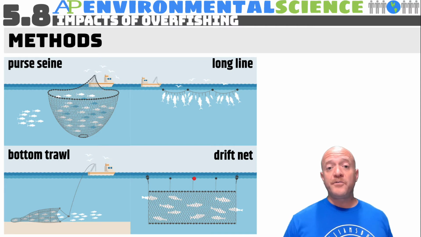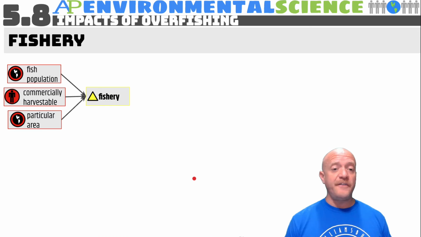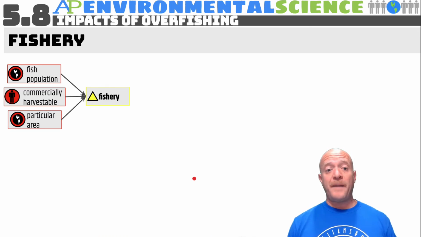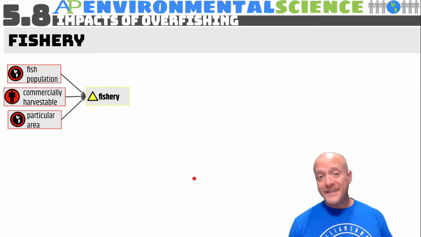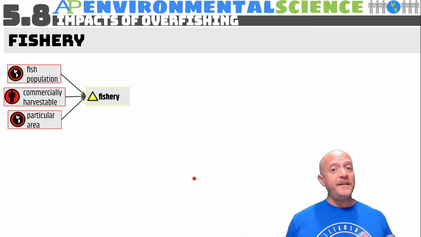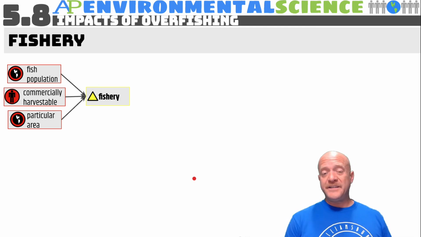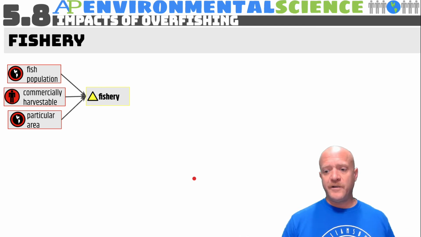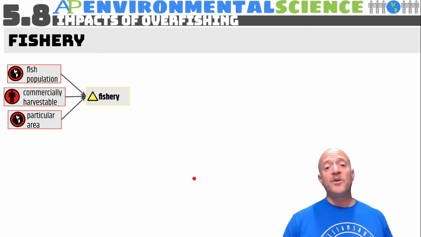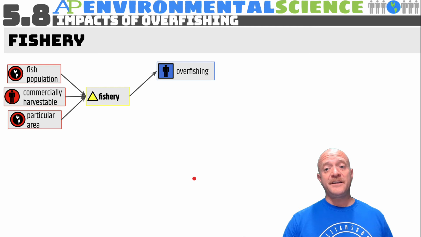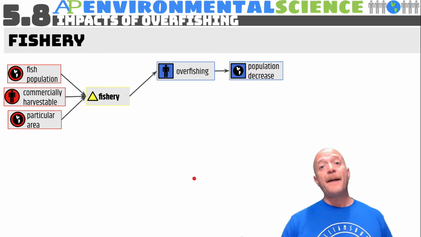So I'm just going to go through a brief flowchart. A fishery is basically a commercially harvestable population of fish within a particular area. Whenever we talk about fishery collapse, that is relating to a particular type of fish that we are consuming. So we tend to overfish these areas, and that can lead to population decrease, which can lead to a collapse in the fishery.